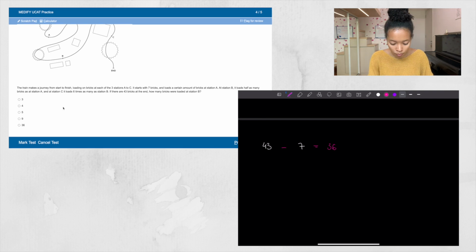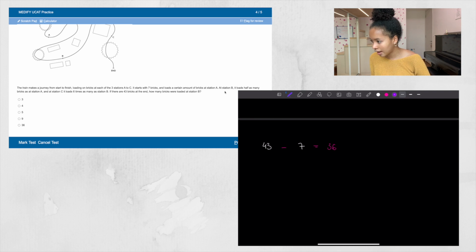Okay, so now they said that we don't know how many bricks were taken at station A. And then at station B, it loads half as many. So let's write an equation for this. And I think if you do an equation and you figured out the equation quickly enough, you would be able to get this question correct pretty quickly. So let's do this.